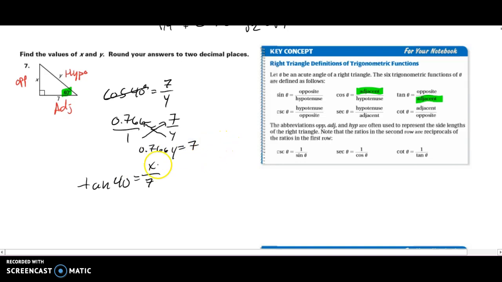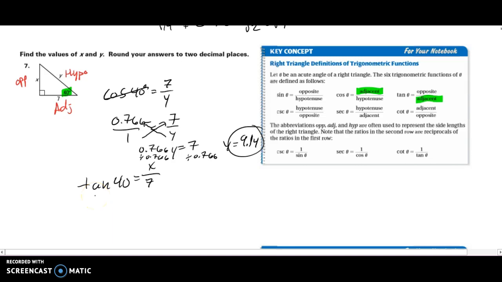And then we divide by that decimal, 0.766, and get y is equal to 7 divided by 0.766, which is 9.14. And I'll just do 2 decimals at the end.